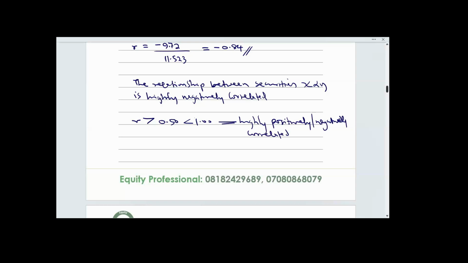But if R is less than 50, it means that the relationship between the two securities is lowly positively or negatively correlated, depending on your calculation.